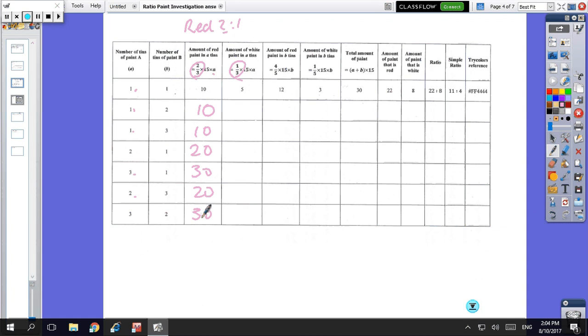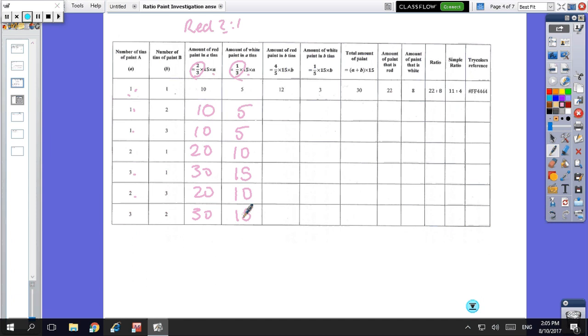Okay, so now we take the A value and times it by 15 and times it by 1/3, but each of the times we've got 2, make sure it adds to 15. When we've only got 1, it has to add to 15, then it has to add to 30, then to 45, then back to 30, then back to 45.